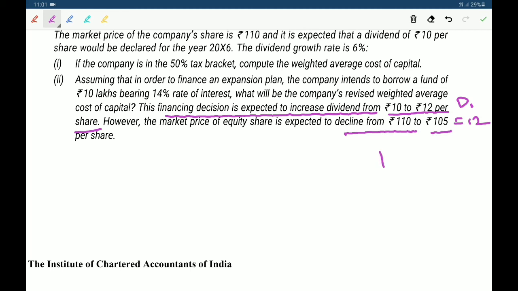That means now P0 equal to 105 rupees only. New cost of equity equal to D1, that means 12 rupees by market price per share, now 105 rupees, plus growth rate, how much? 6%, 0.06.